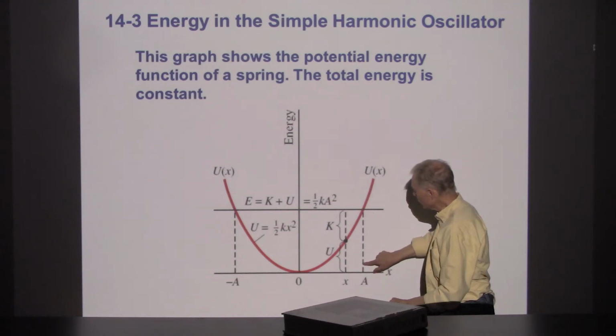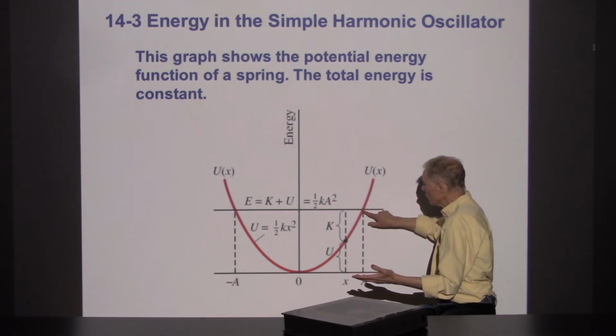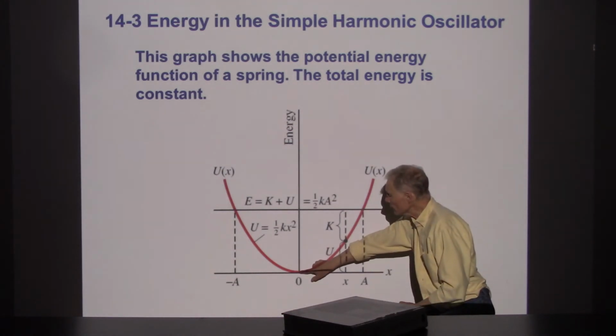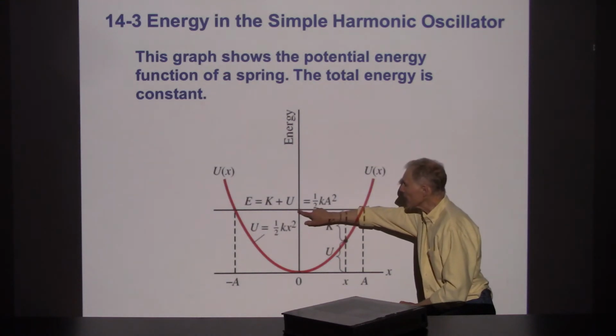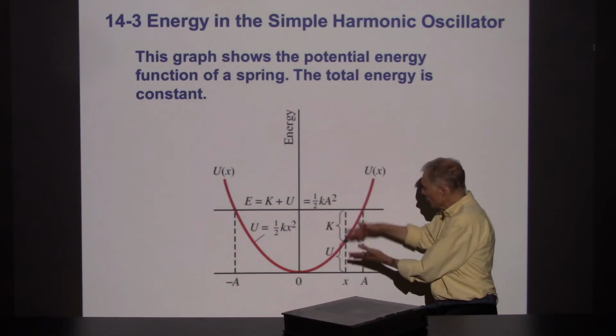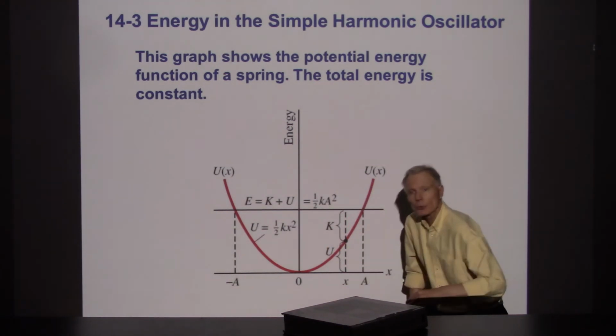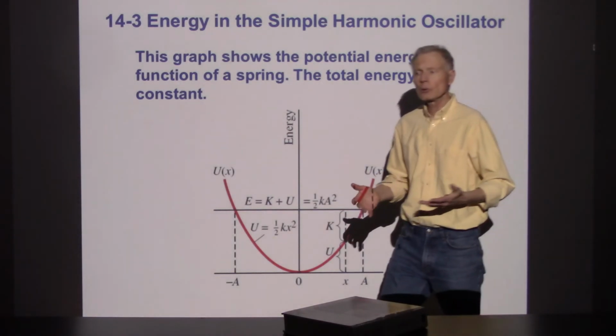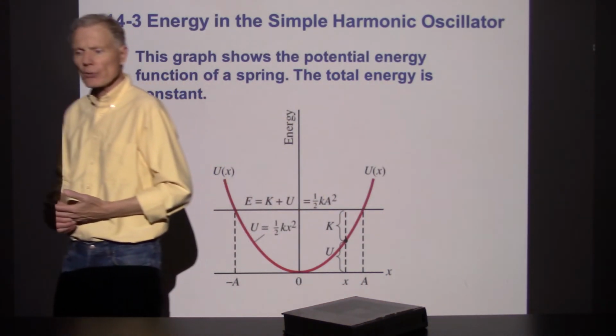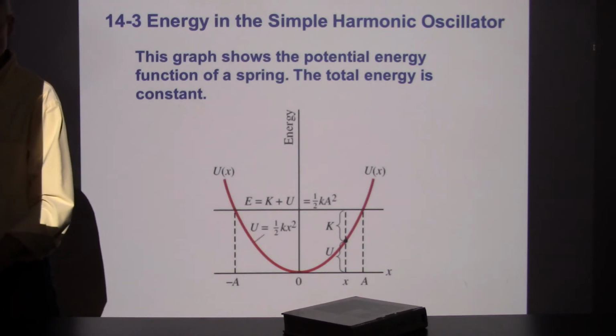So out here at full amplitude, it's all potential. But in here at the equilibrium point, it's all kinetic. So the red line divides the energy up into which portion is potential and which portion is kinetic energy.